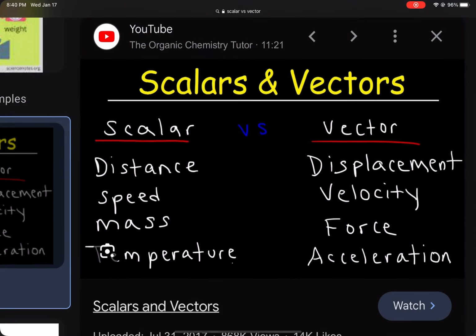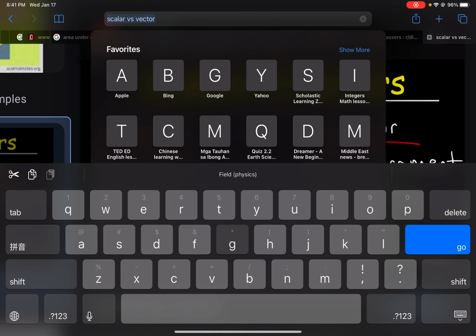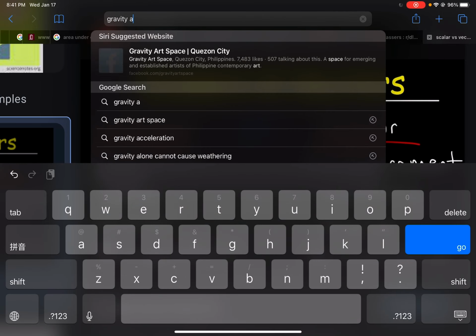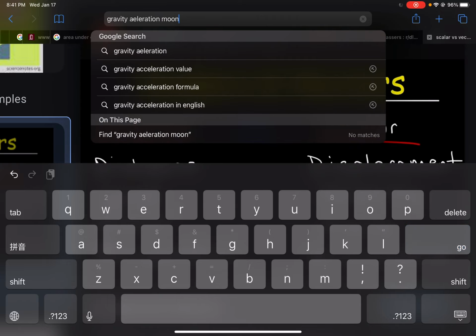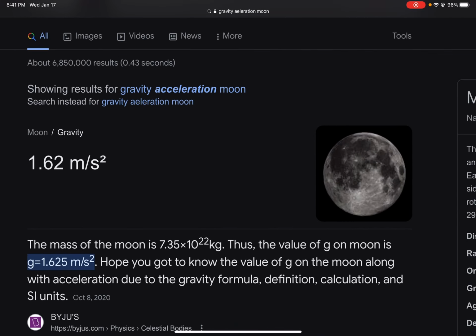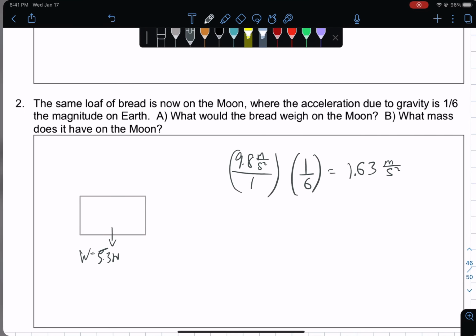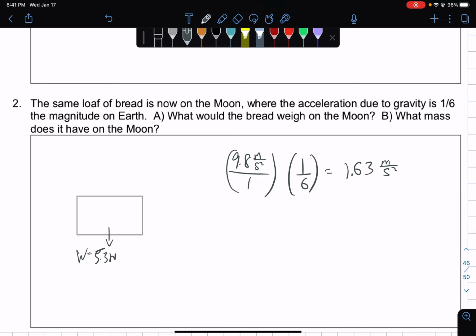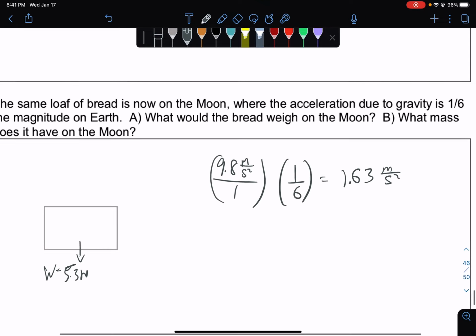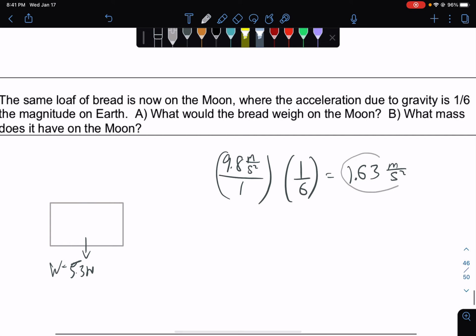Let's see if that's actually true. Gravity acceleration moon. Precisely. So 1.63 meters per second squared, that is the g.